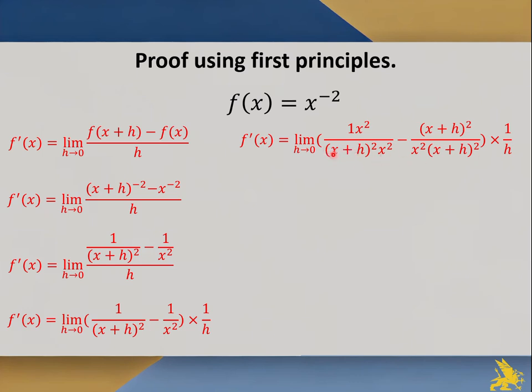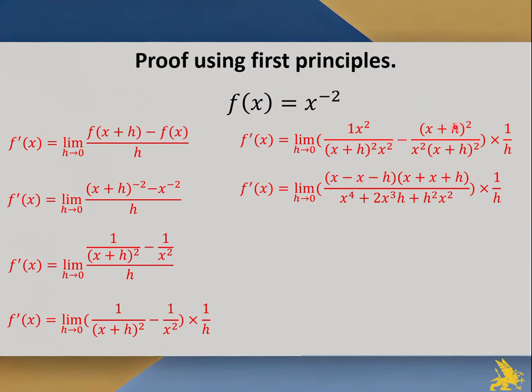Remember, x plus h squared is a perfect square, and all the terms in there are timesed by x squared. Likewise, I'm going to apply the difference of two squares on my numerator, so that will be x plus h and x take away in brackets x plus h, so that takeaway sign applies to both the x and the h.